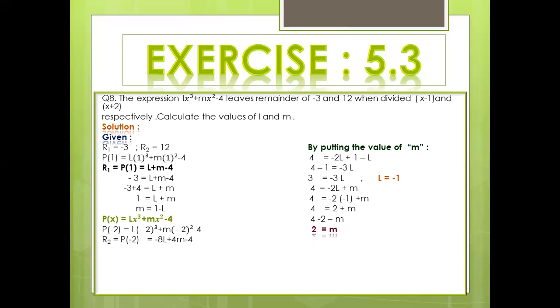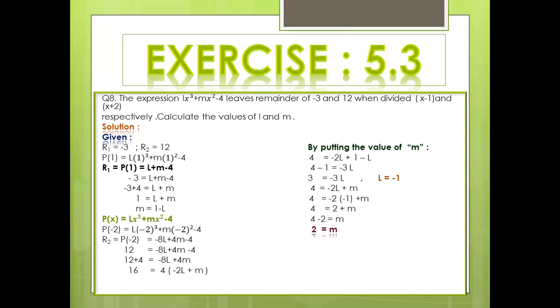Minus 3 plus 4 is equal to 1. 1 is equal to L plus m. From this equation, we can find the value of m. We shift L to the other side. Now m is equal to 1 minus L.